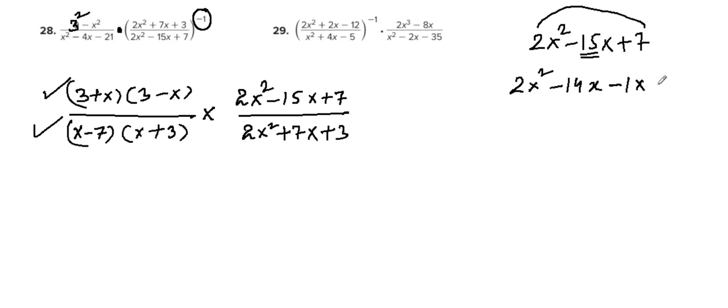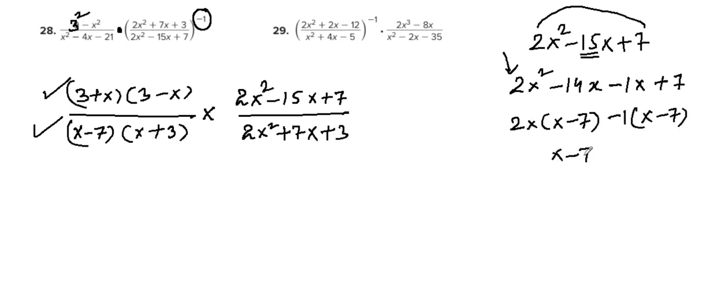Add, you get 15. You can make use of the calculator, but be careful, the 2 will not come in the calculator. So take 2x common, x minus 7, take minus 1 common, x minus 7. So the factors are x minus 7 and 2x minus 1.